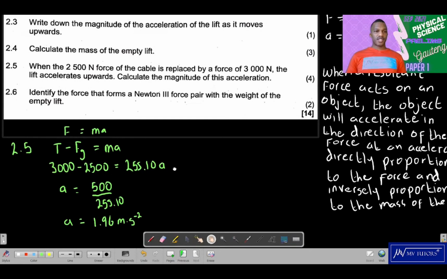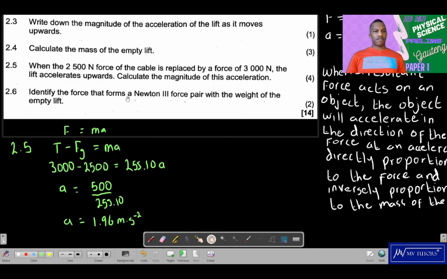Question 2.6 says, identify the force that forms a Newton's third law force pair with the weight of the empty lift. Well, this just means what other force can we consider that is at play here in this question. So we can simply say it's the force of the empty lift on planet Earth.